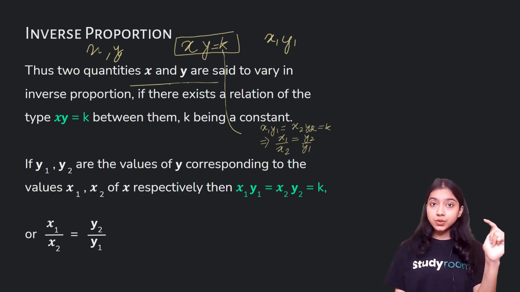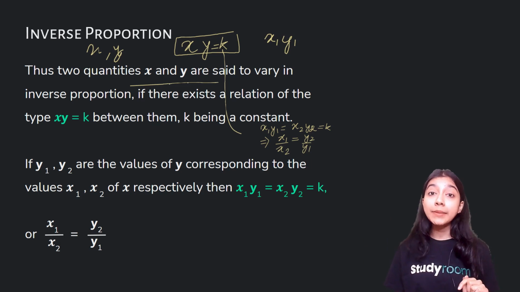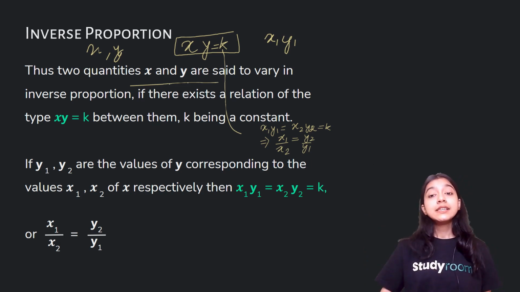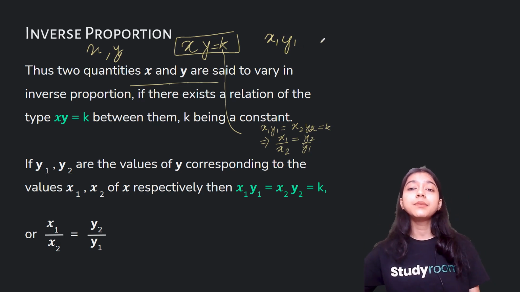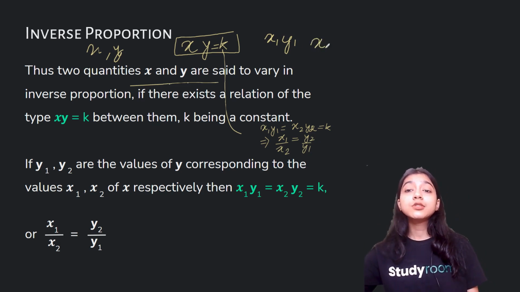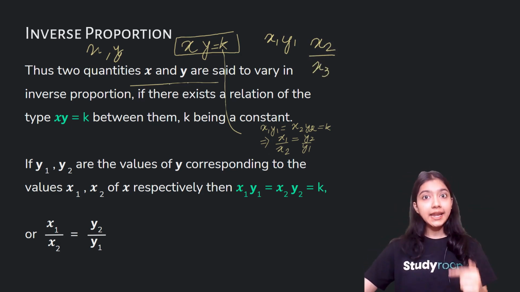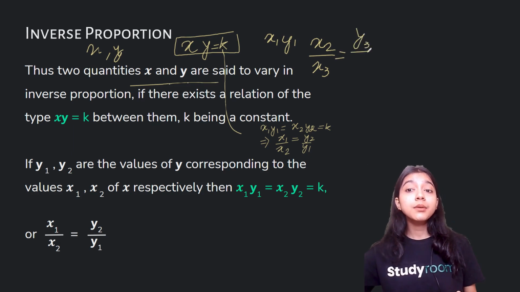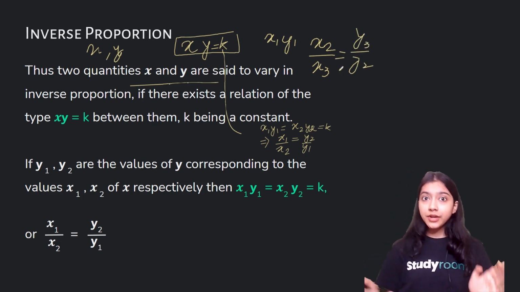That means x1 divided by x2 will be equal to y2 divided by y1. Got it? Similarly, if I take x2 and x3, so x2 divided by x3, then that will be equal to y3 by y2. Are you getting my point?